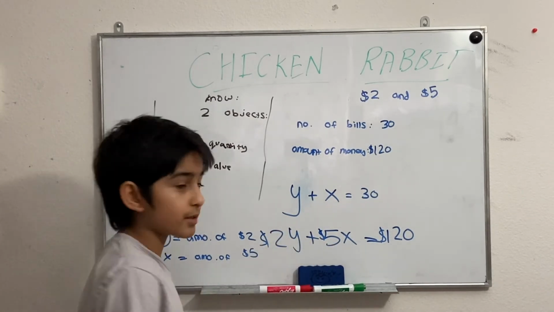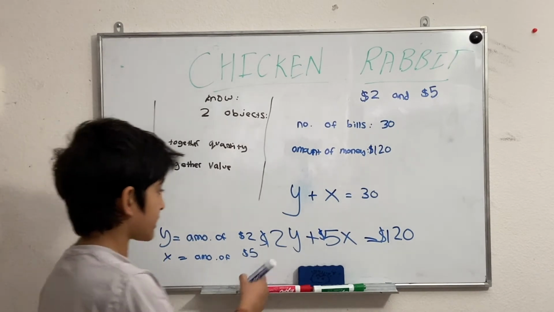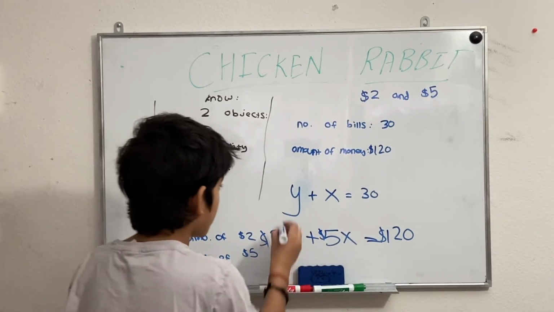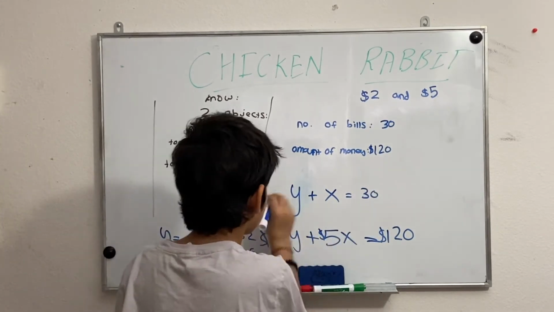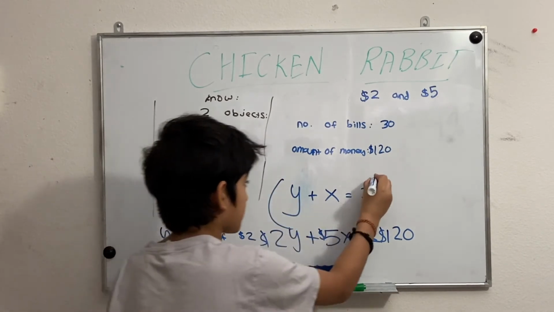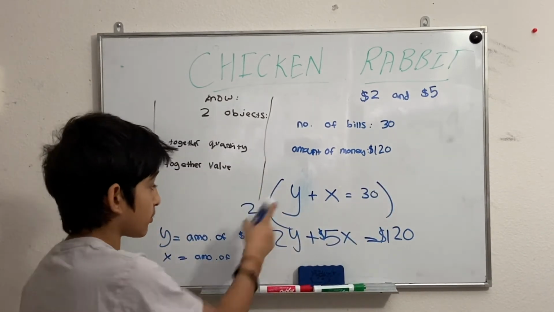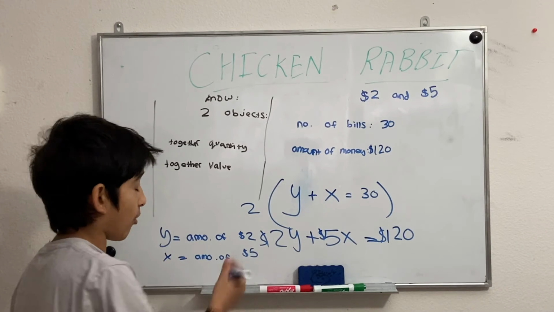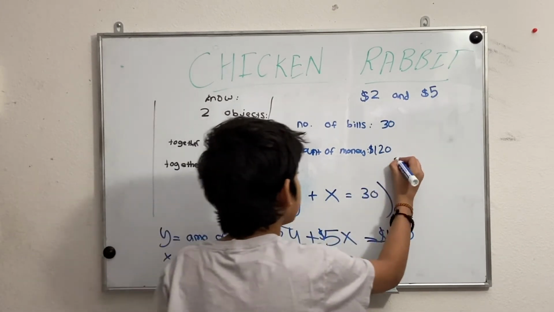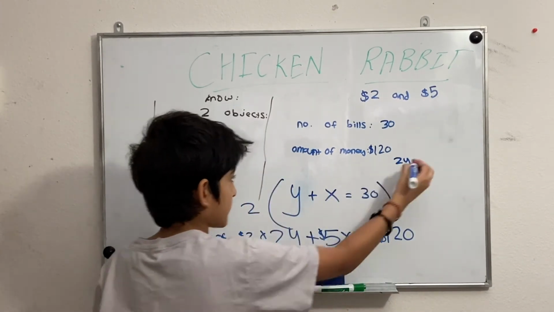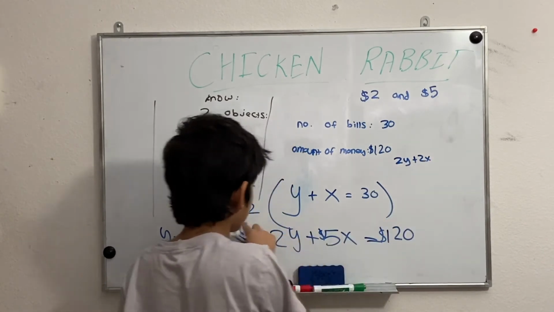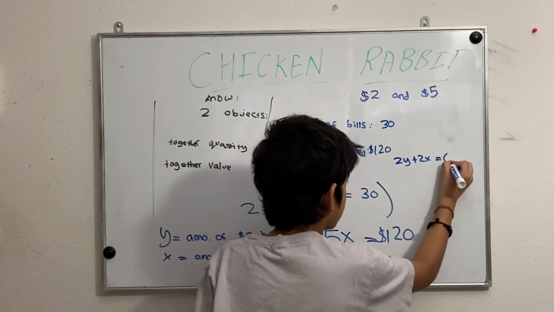Okay, now we're gonna take one variable the same. Let's say y is the same. So what can we do to make this into 2y? We can multiply this whole thing by 2, because we cannot just multiply y by 2, otherwise it won't work. Okay, so 2y plus 2x is equal to 2 times 30, 60.